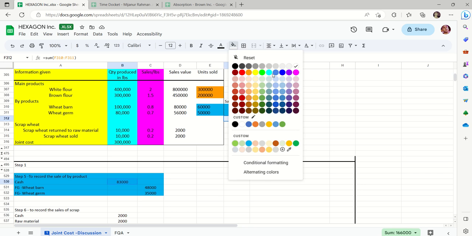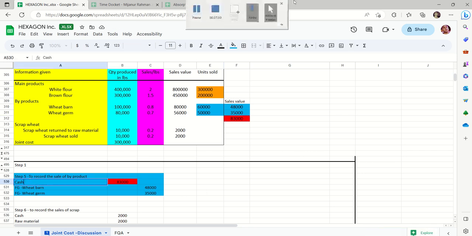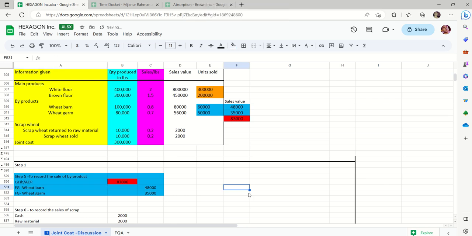I'm going to highlight that in red for you right there. So this is the cash, or you could say accounts receivable, whichever you like, but it is most likely cash because it's a byproduct. Okay, so accounts receivable done. We debited that.